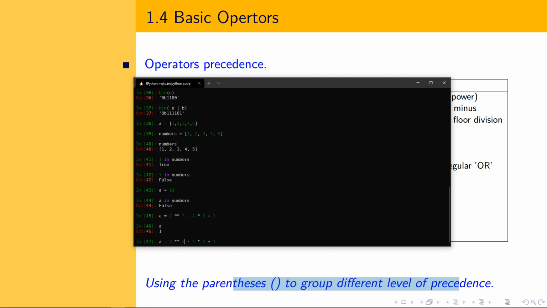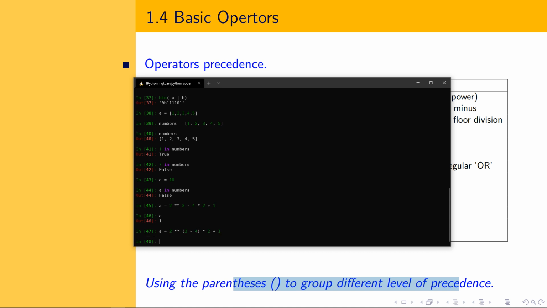So for example here, if I group this together, you see that 3 minus 4 will be performed first, and then the power, now 2 power minus 1 is equal to 0.5, and we multiply it with 2, we receive 1, and the final result is 2, right? Let's check it.